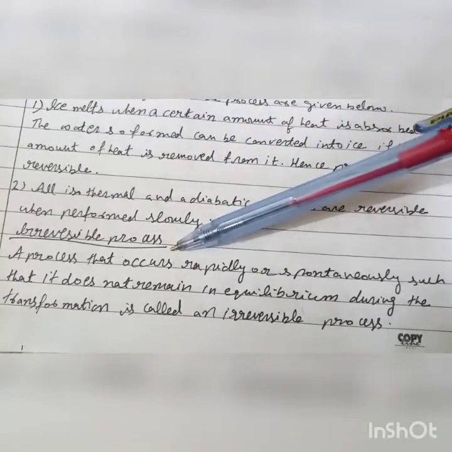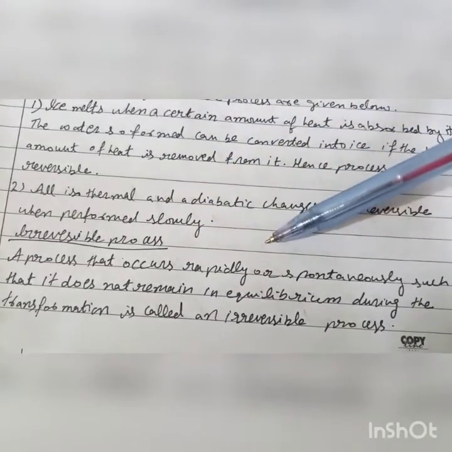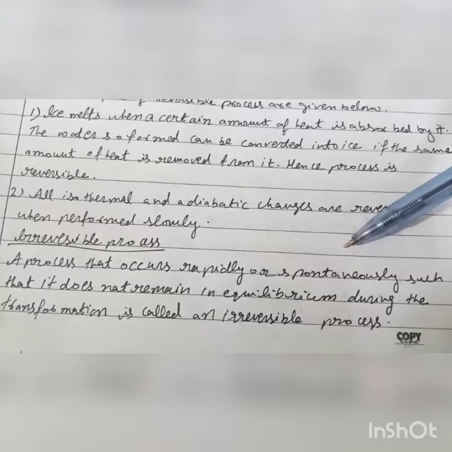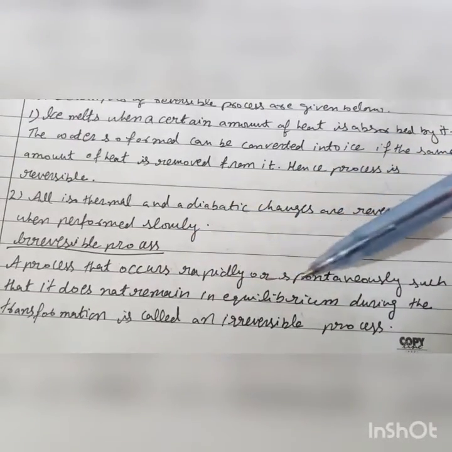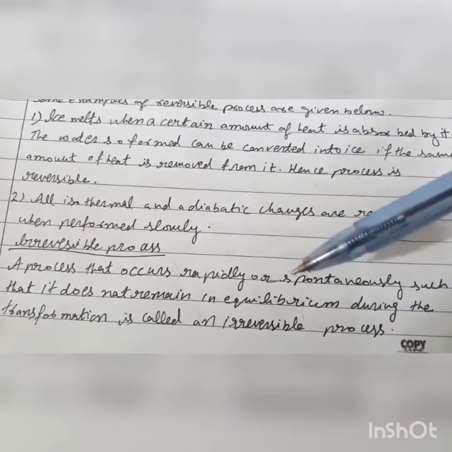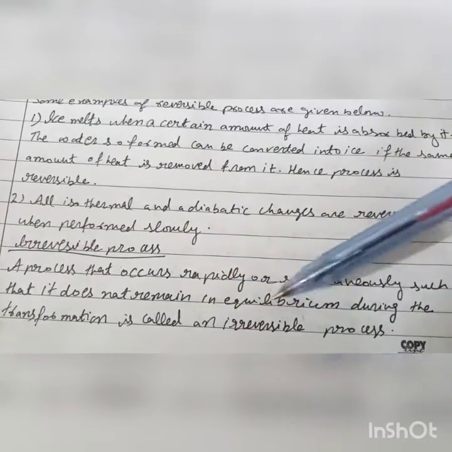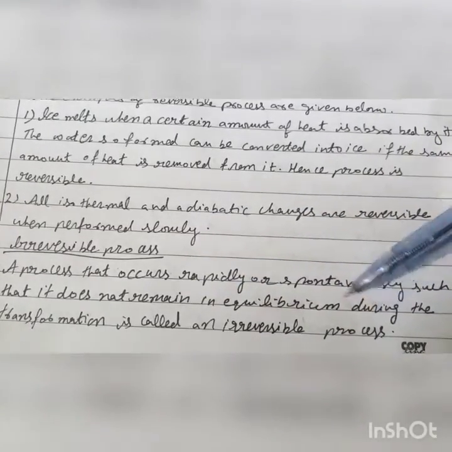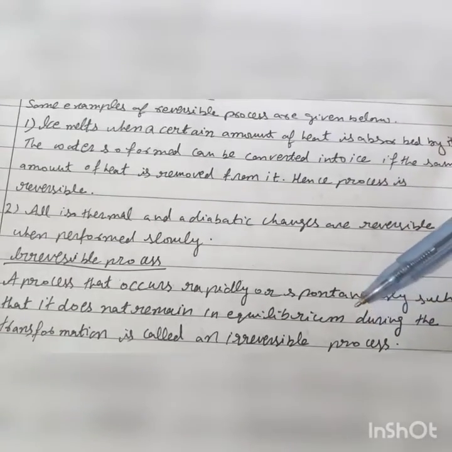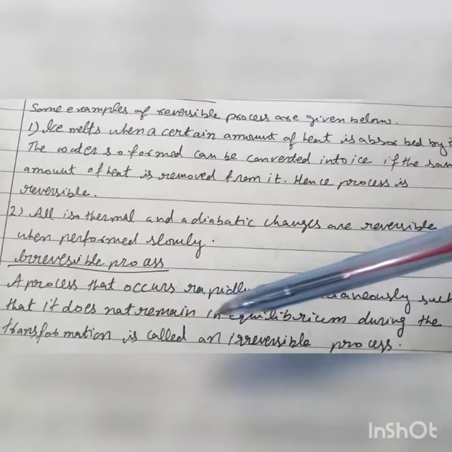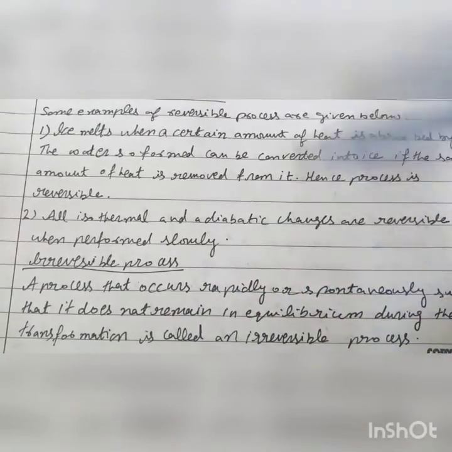An irreversible process occurs rapidly or spontaneously such that it does not remain in equilibrium during transformation. It is called an irreversible process. We cannot reverse an irreversible process and it does not remain in equilibrium during the process.